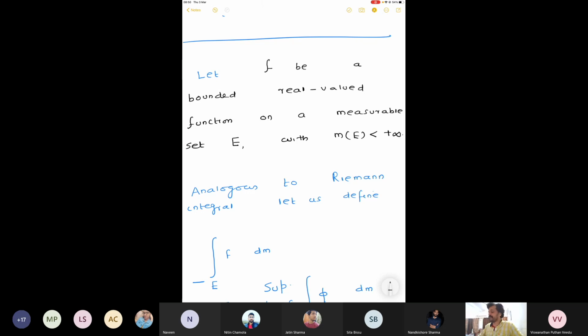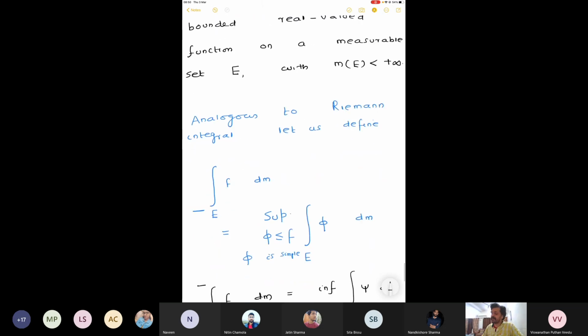Here it will not happen, because we are integrating over only E, and the measure of E is finite. So whatever is appearing on the right hand side, namely the integral of a simple function, which may not be non-negative, we know how to perform. Is that okay?